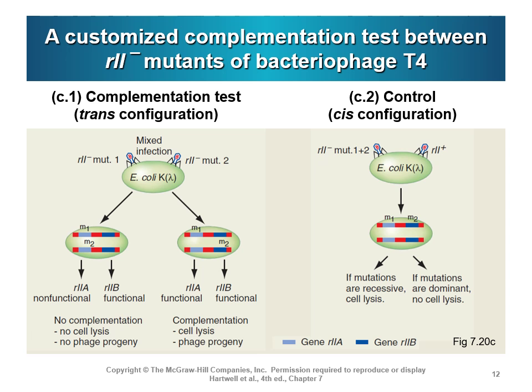So let's look at the control, which is in cis configuration, which means that both mutation 1 and 2 are occurring on one gene, and the other gene remains wild type without any mutations. This will result in two scenarios. If the mutations were on a recessive gene, we will end up having cell lysis, which means it will not affect our progeny.